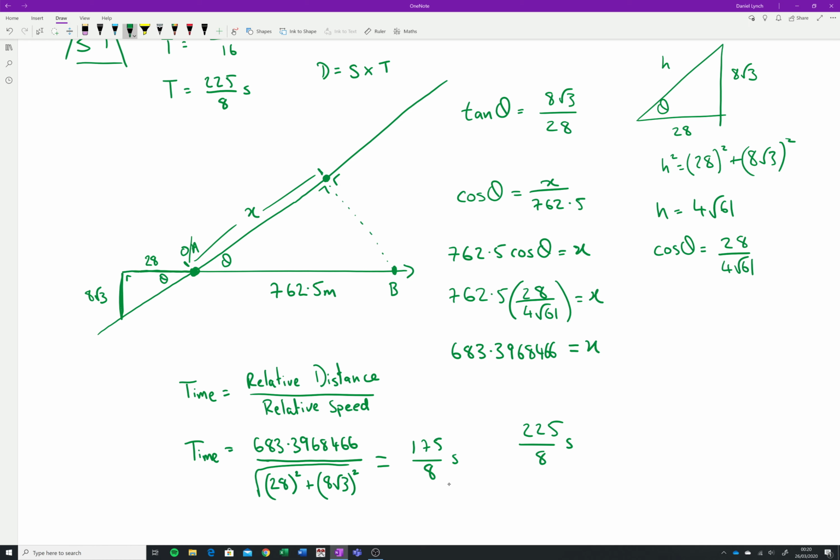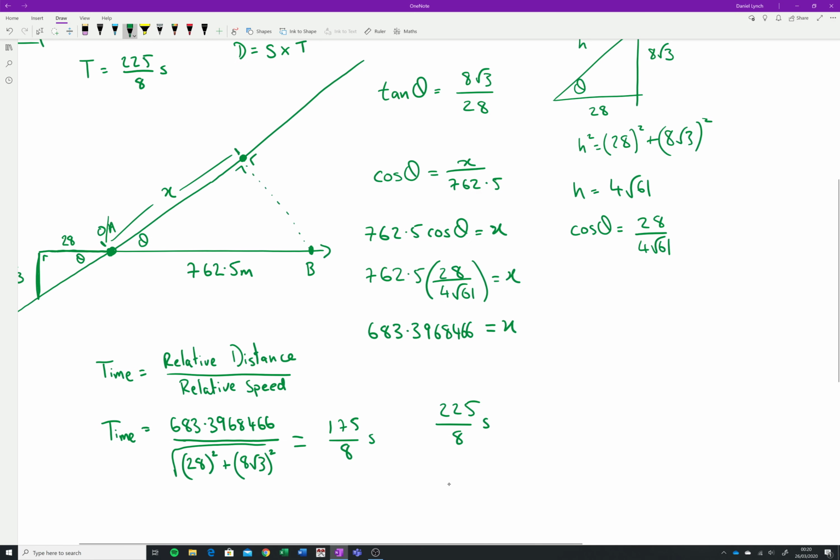So from the initial time at which they set off, it takes that in order for it to be in line, and then we have to go back 175 over 8 seconds. So that to me looks like 50 over 8 seconds from the initial time period. Okay, so that is allowing for when A is setting off.